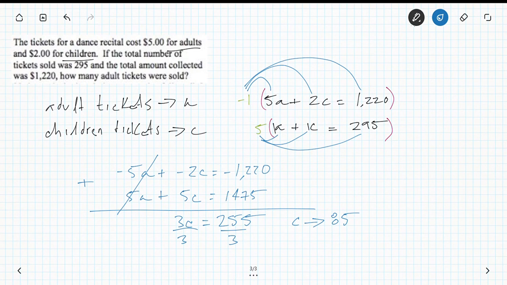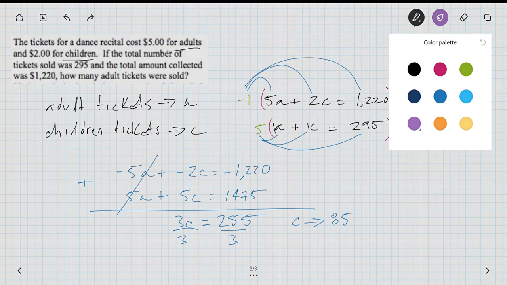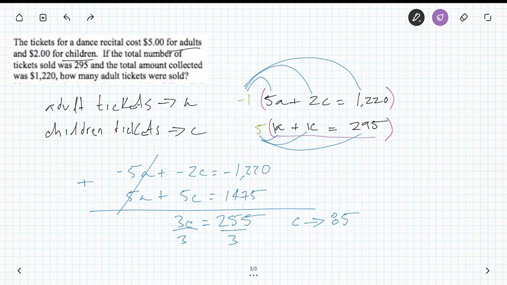So since I have one of my equations, I'm going to use it. I have this line right here, which says that 1a plus 1c equals 295. Since I know what c is, I'm going to substitute it. So 1a plus 85, because anything times 1 is itself, equals 295.